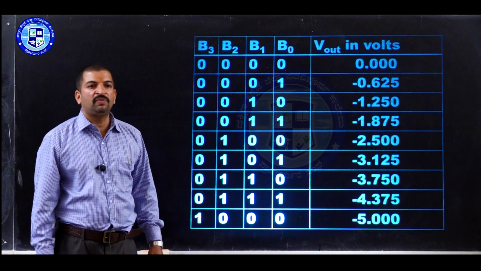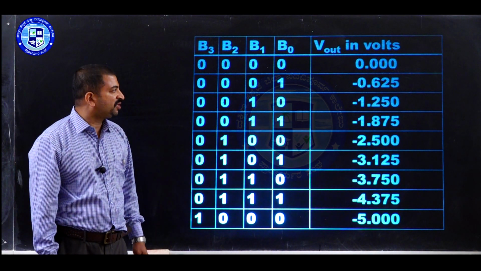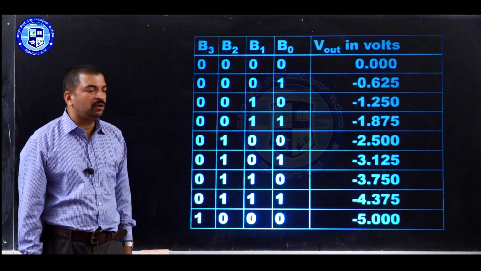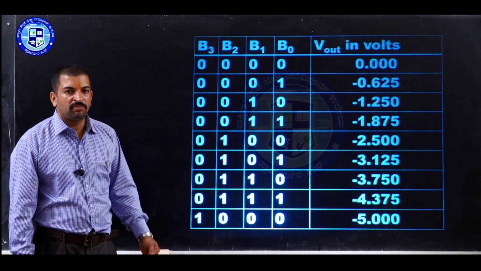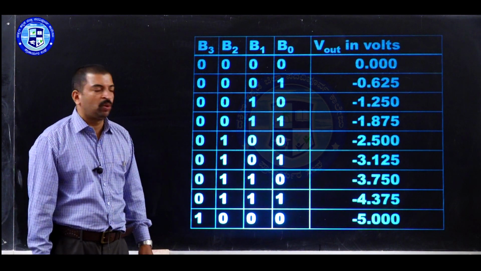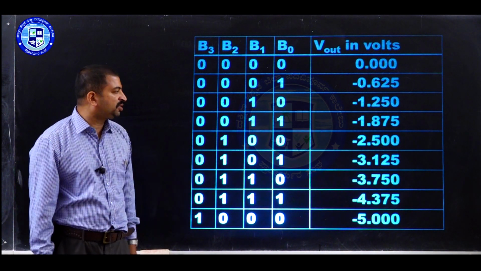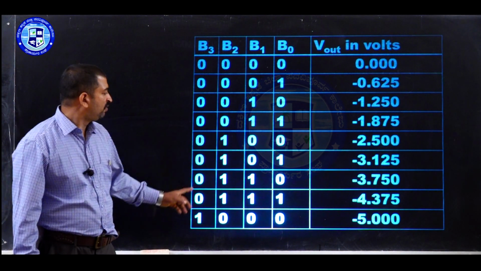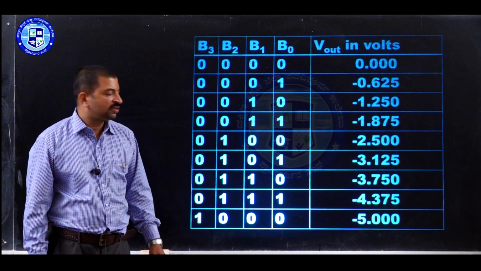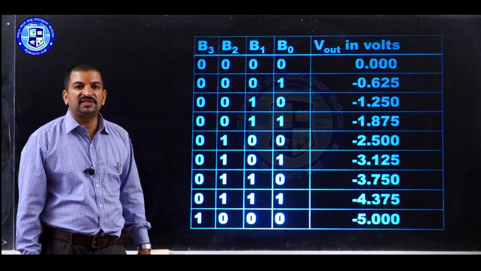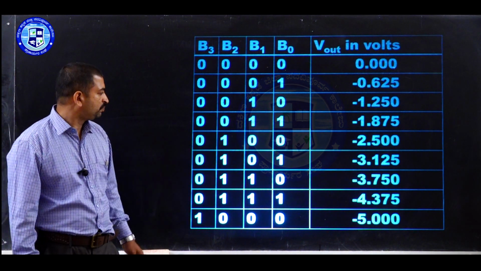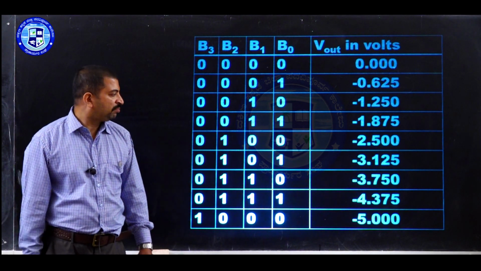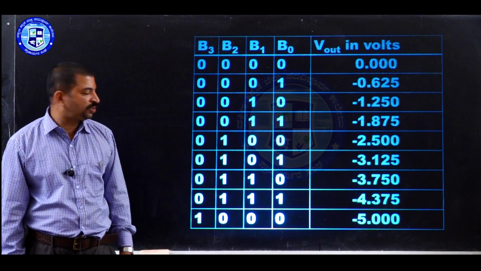For 0 0 1 0, the output voltage is minus 1.25 volts. For 0 0 1 1, the output voltage is minus 1.875 volts. For 0 1 0 0, the output voltage is minus 2.5 volts. For 0 1 0 1, the output voltage is minus 3.125 volts. For 0 1 1 0, the output voltage is minus 3.75 volts.